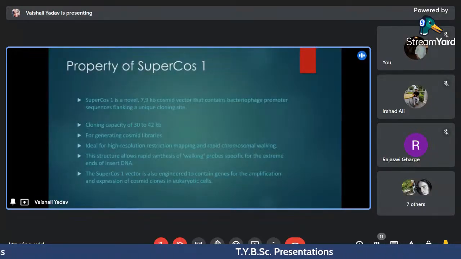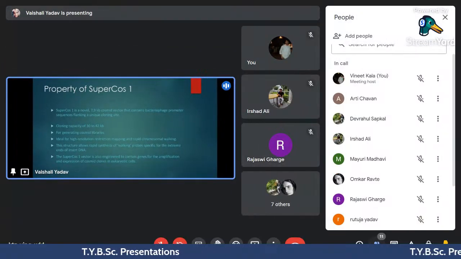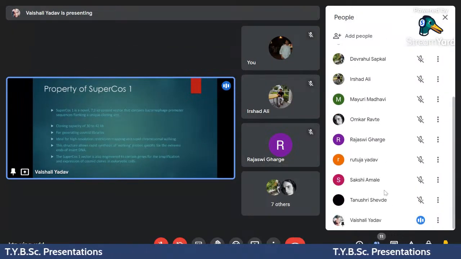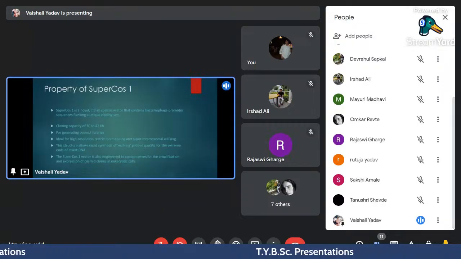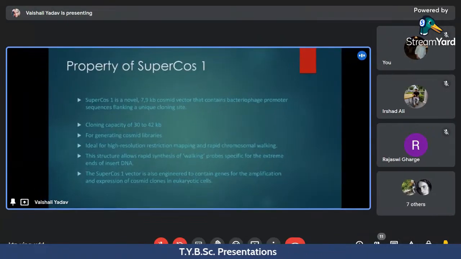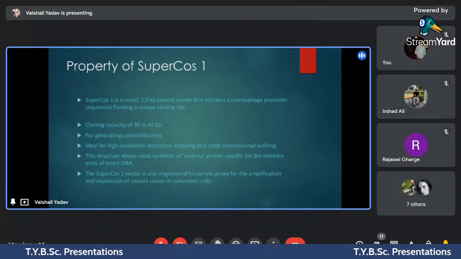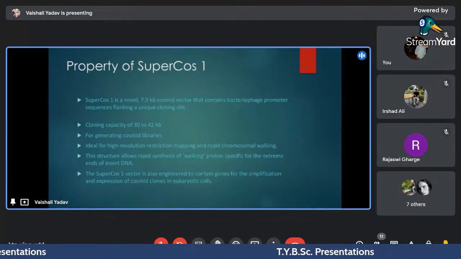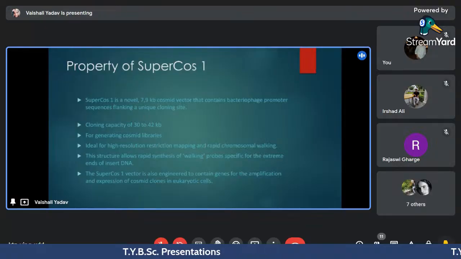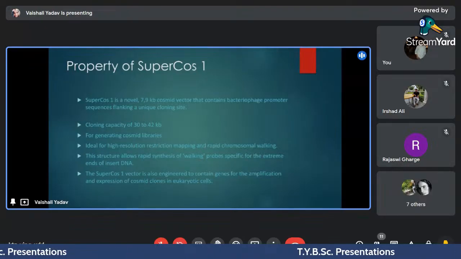The property of supercos1 is that it is a novel 7.9 kb cosmid vector that contains a bacteriophage promoter sequence flanking a unique cloning site. The cloning capacity of supercos1 is 30 to 42 kb for generating a cosmid library, ideal for high resolution restriction mapping and rapid chromosomal walking.